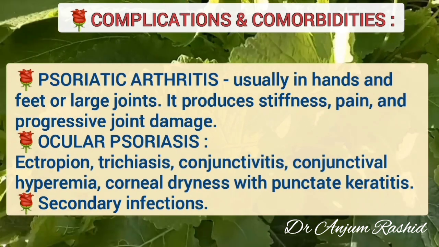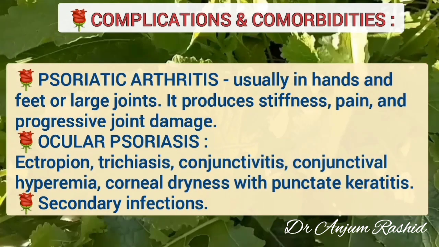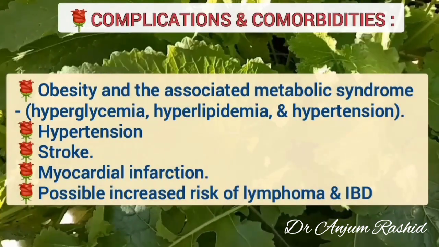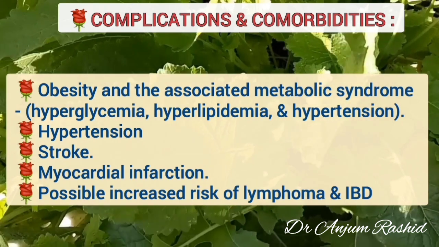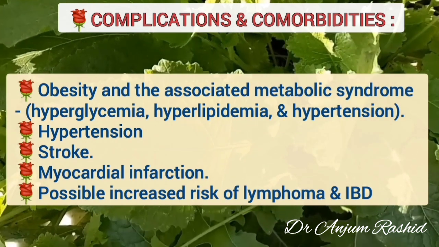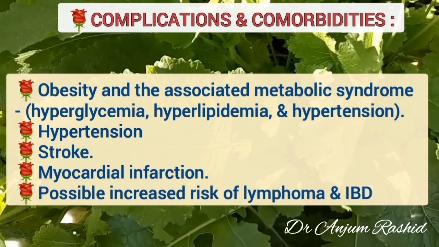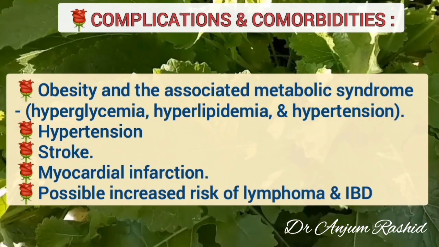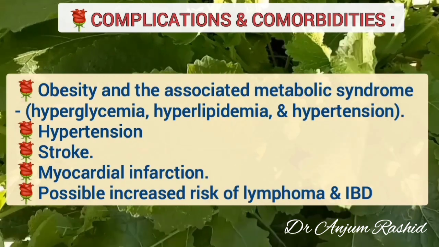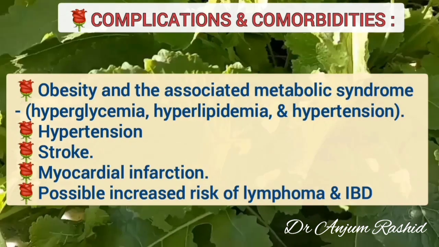Now, secondary skin infections are common in psoriasis. In pediatric psoriasis, there is increased risk of obesity and the associated metabolic syndrome, which consists of hyperglycemia, dyslipidemia, and hypertension. There may be stroke, myocardial infarction, and possible increased risk of lymphoma and inflammatory bowel disease.